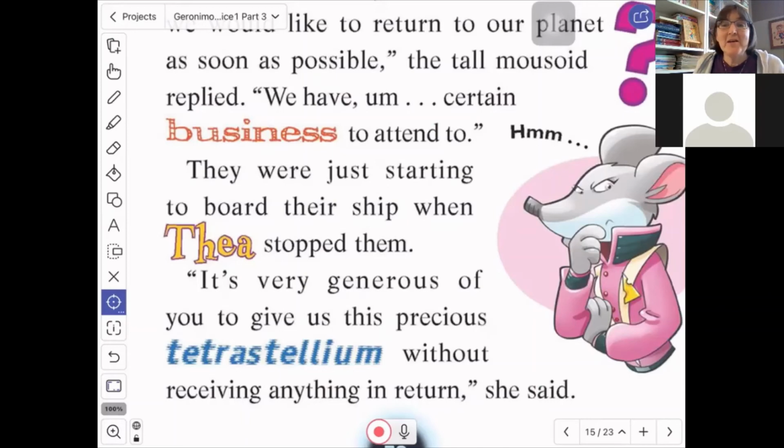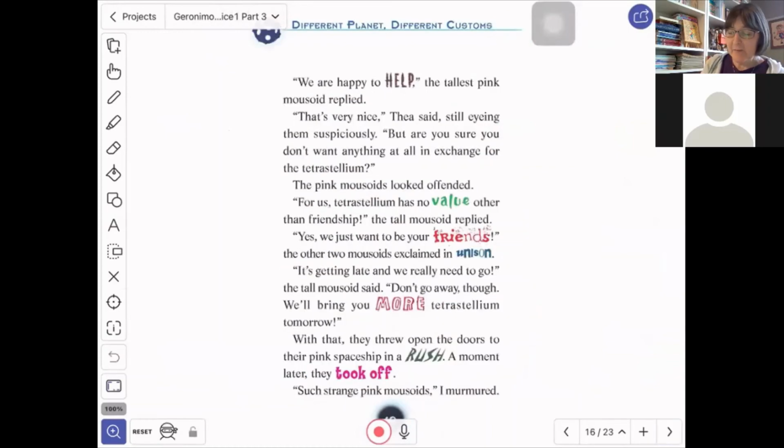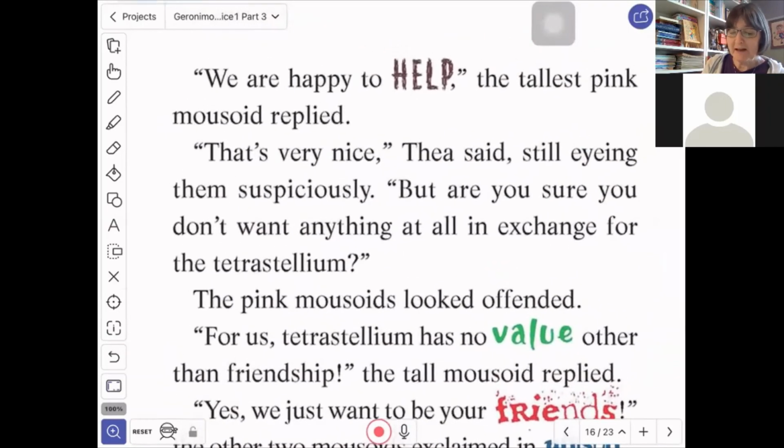They don't want anything at all in return. And they're strangers, right? They're not even friends. They're just giving it out of kindness. Well, people don't usually do that. And Thea is suspicious. So she's asking them about it, or she's pointing that out.